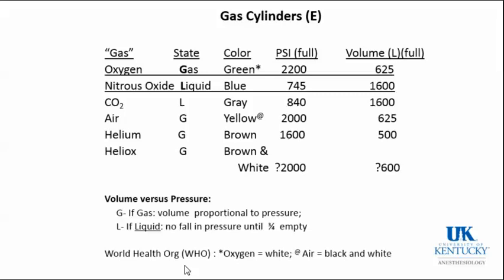Whereas when it's in a liquid, as long as there's any liquid in the tank, the pressure will be maintained. And it's only when about 3/4 of the liquid is gone and all you have is gas that the pressure relates to how much is in. So that would be true of nitrous and CO2.